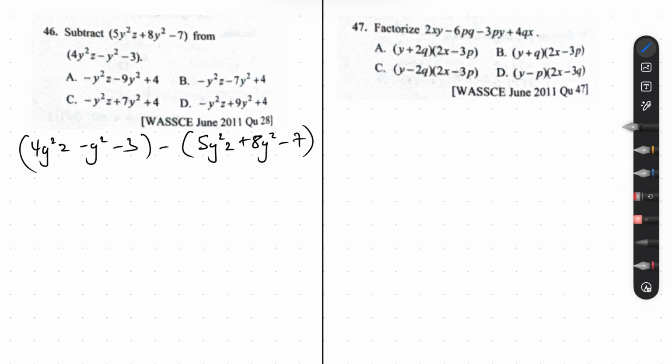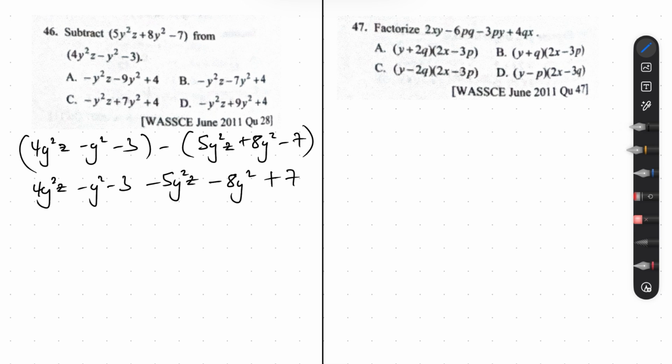We have 4y squared z minus y squared minus 3 minus 5y squared z. Write the z this way so you can see it properly. Then minus 8y squared plus 7.